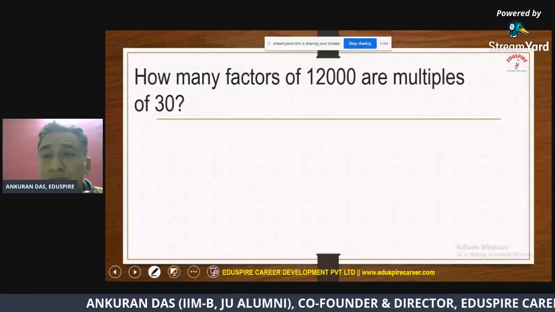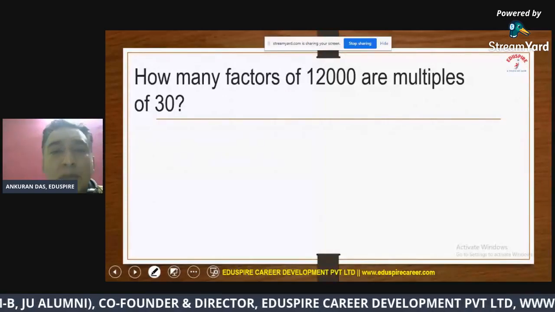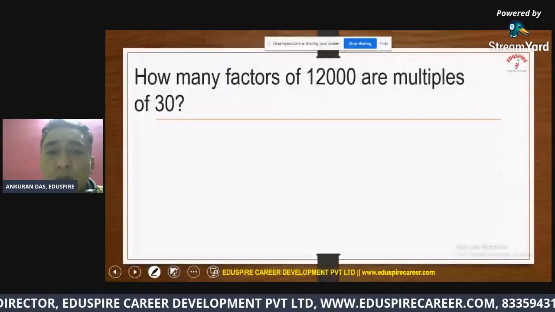how many factors of 12,000 are multiples of 30? All right, how many factors of 12,000 are multiples of 30?